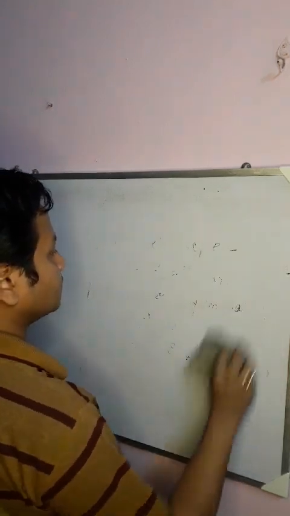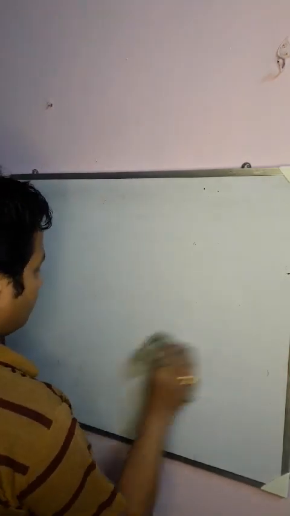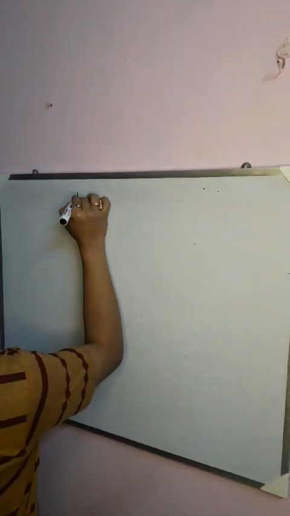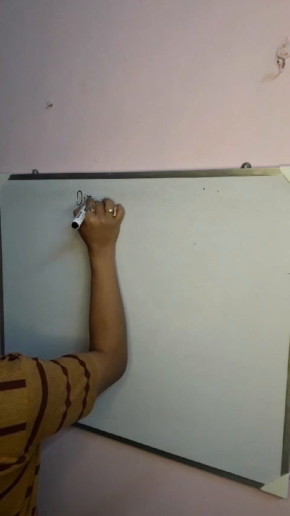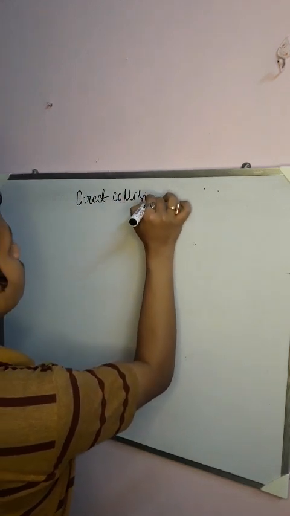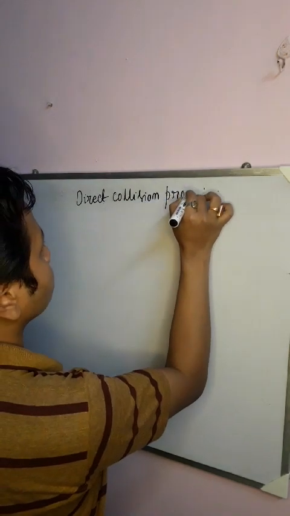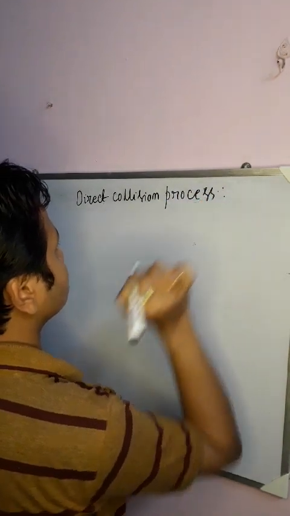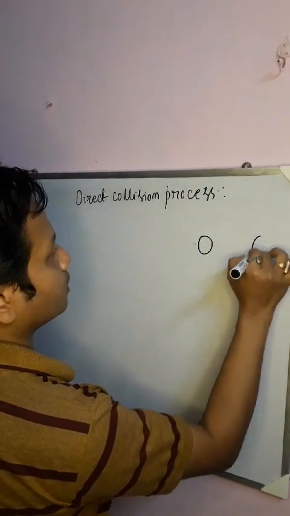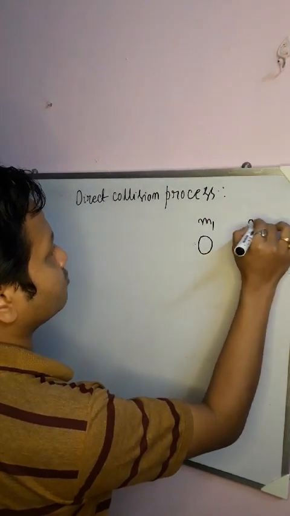Now let us discuss the direct collision process at first. Suppose there are two objects m1 and m2.